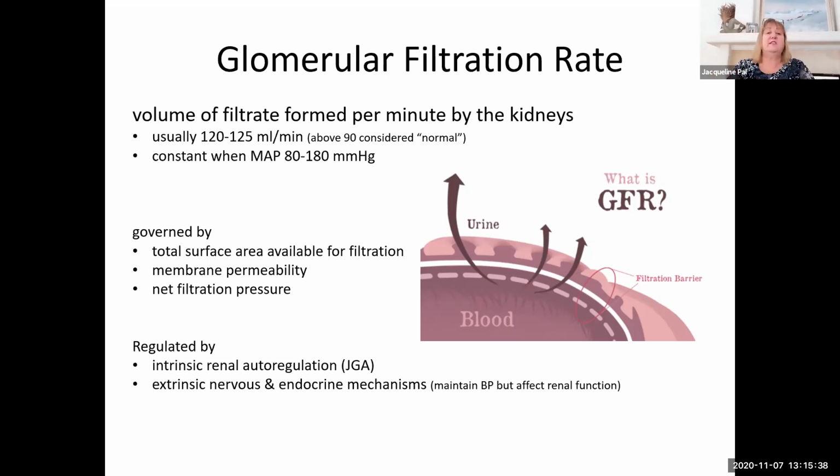And so they can control, through renal autoregulation, the blood flow into the glomerulus, thereby affecting glomerular filtration rate. And in addition, we have extrinsic methods, both the sympathetic nervous system as well as endocrine mechanisms, where we can maintain blood pressure, but actually directly affect renal function.